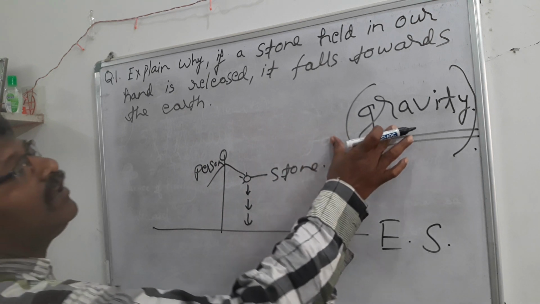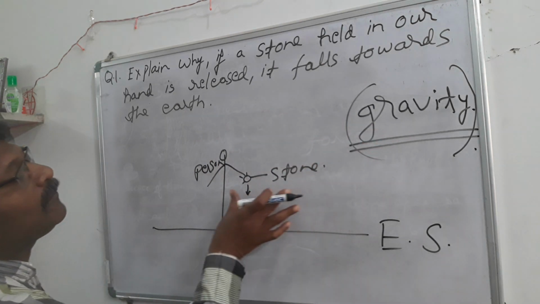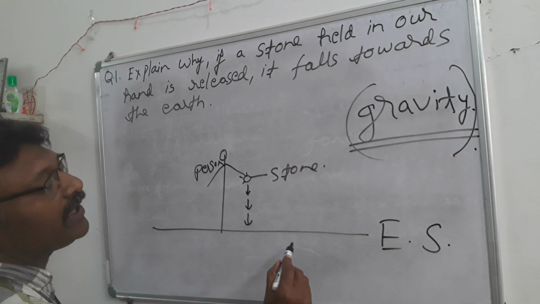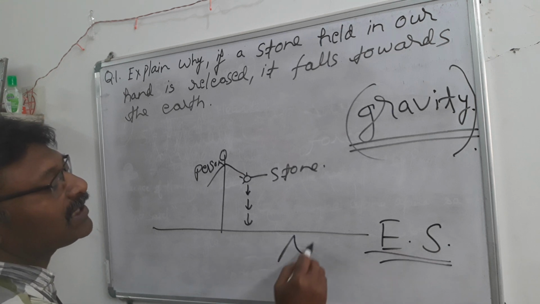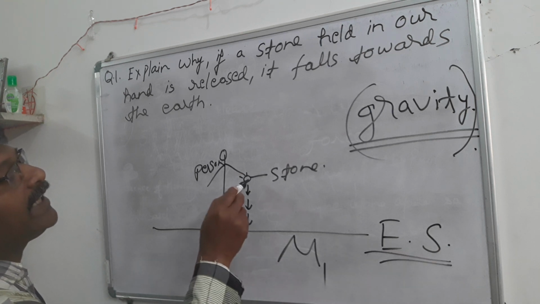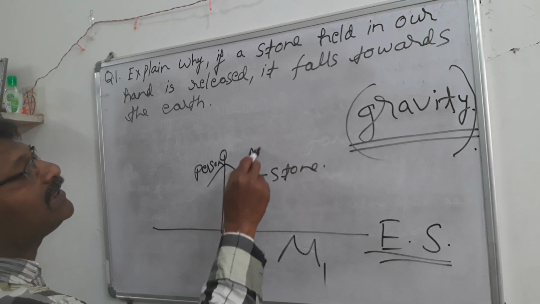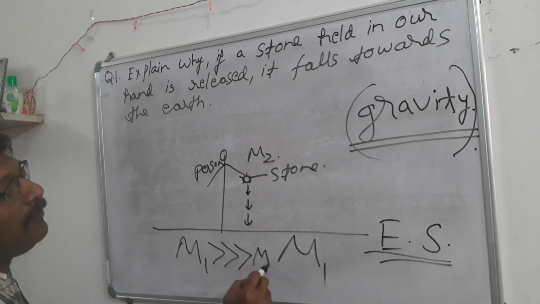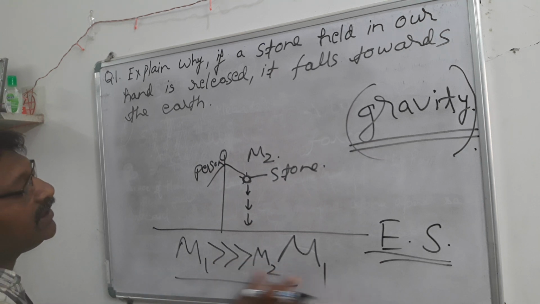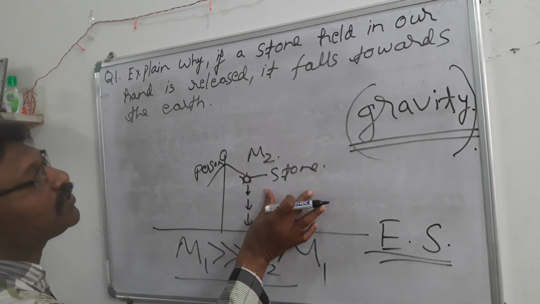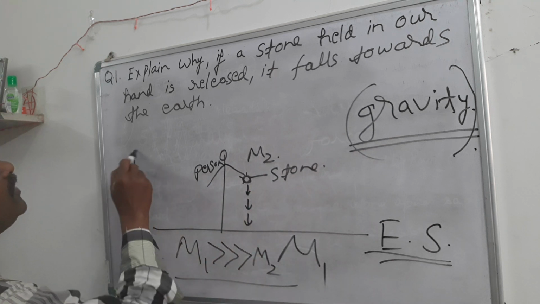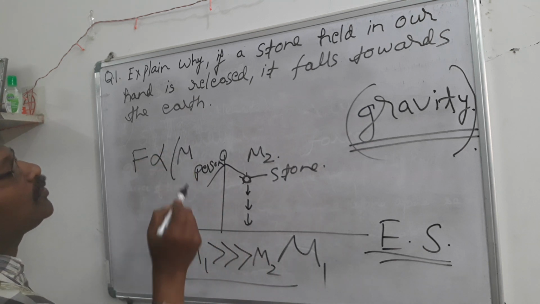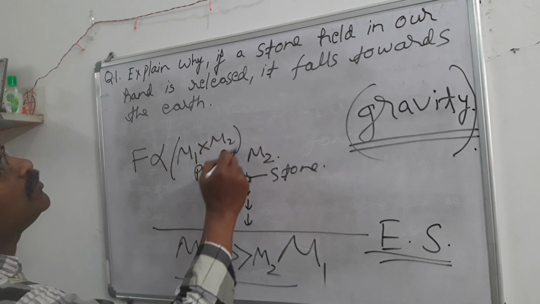And the gravity or the gravitational force depends upon the masses of the objects. One of the objects is the earth. Let us suppose its mass is m1, and the second object is the stone, and suppose its mass is m2. m1 is much greater than m2. The mass of the earth is much larger than the mass of the stone. The force of attraction is directly proportional to the product of the masses of the two substances.